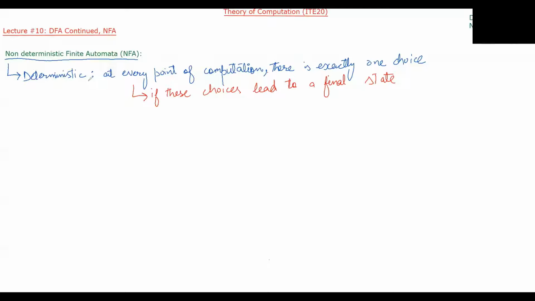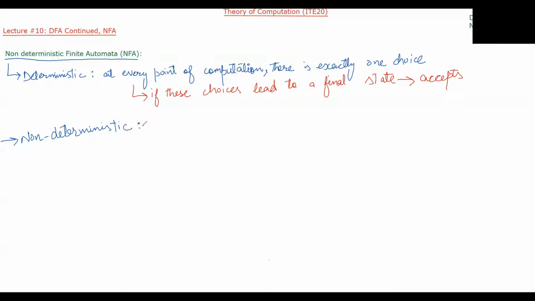So in deterministic, at every point of computation, there is exactly one choice for one input. Okay, not less than one, not more than one. And if these choices lead to a final state, we say that it accepts. Now comes the term non-deterministic, or we can say non-deterministic finite automata. So what is non-deterministic?